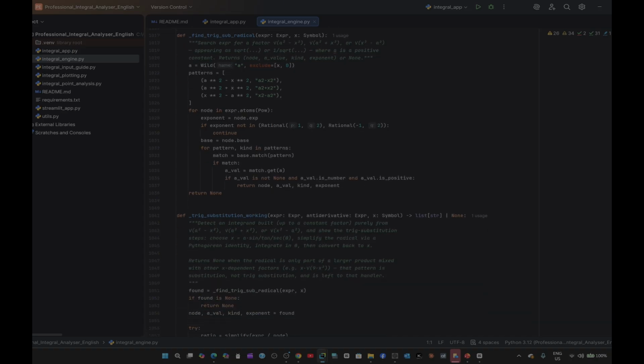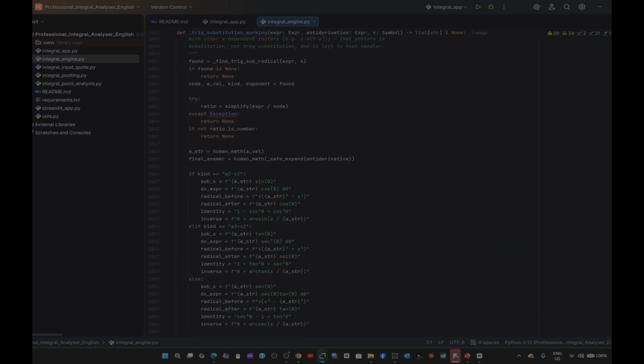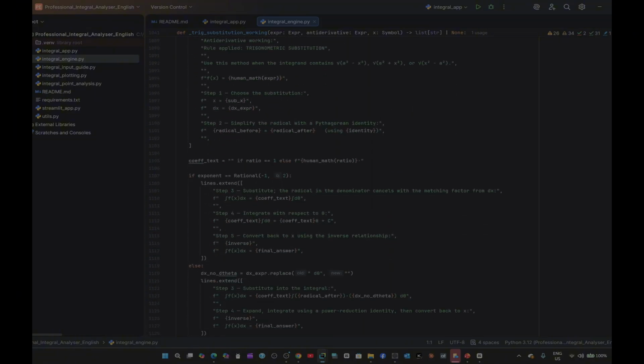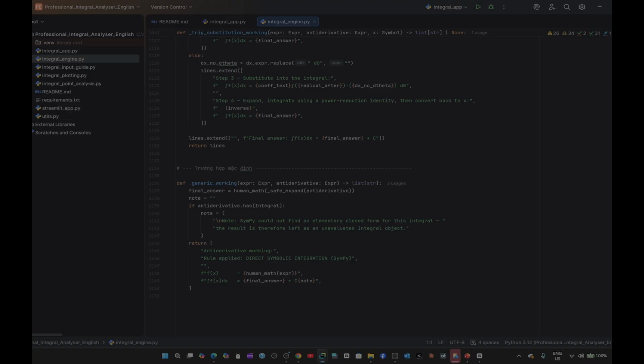Just substitution working. If and elif, right? Set up coefficient, if it's elif, elif return. So if elif return this, you see that you don't have a main function, or this is not the main function. So it is supporting integral engine dot py. This RAM is about over 1,000 lines.